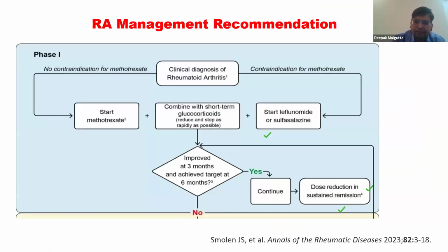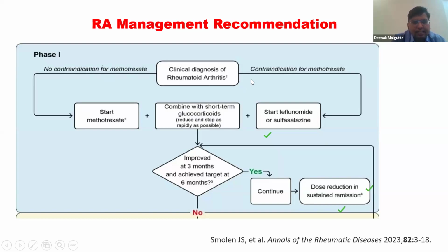So these are the 2023 EULAR recommendations for management of rheumatoid arthritis, where a patient is newly diagnosed with rheumatoid arthritis, and if they don't have any contraindication to methotrexate, like an eGFR of less than 45, or planning for pregnancy, or a lactating mother, or any liver disease, then you can safely start methotrexate.